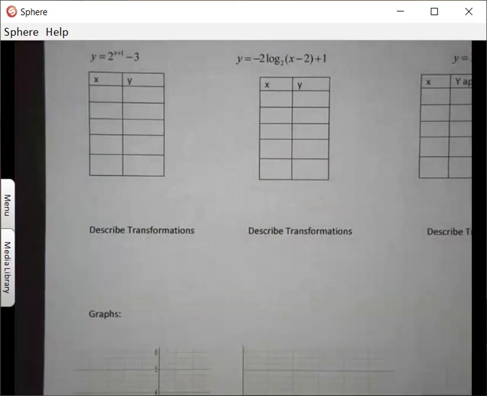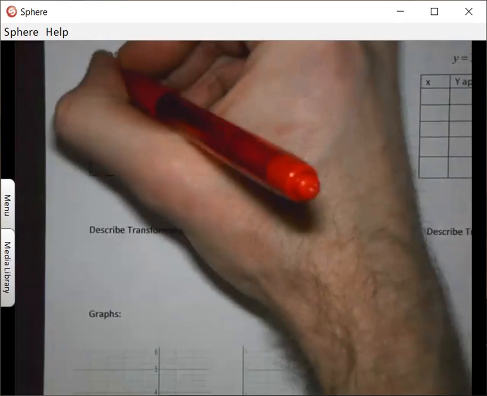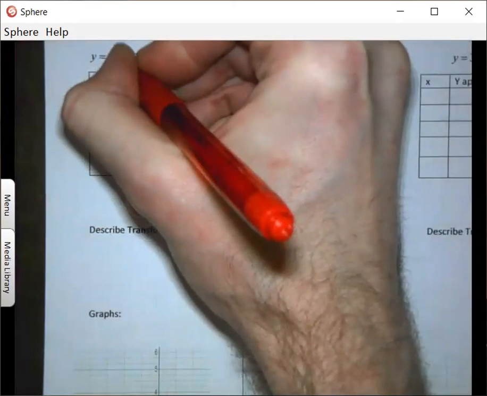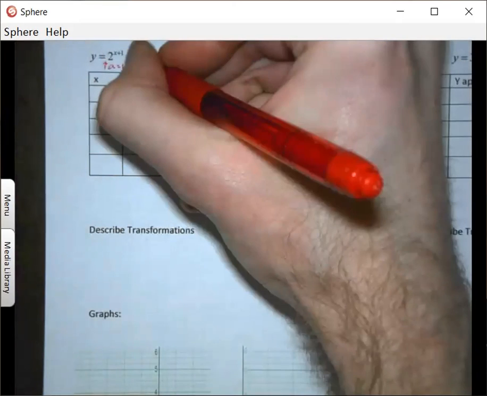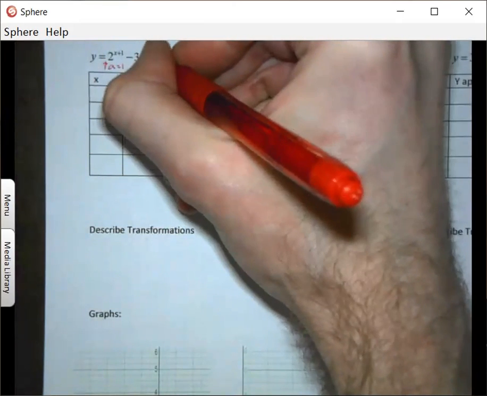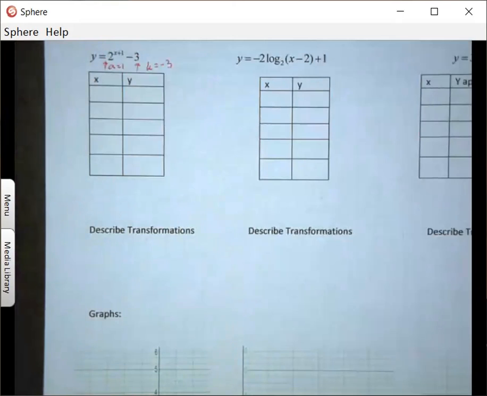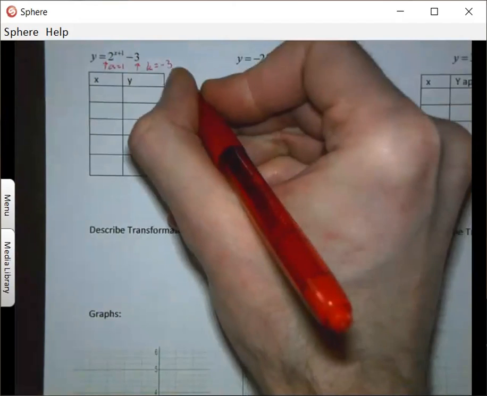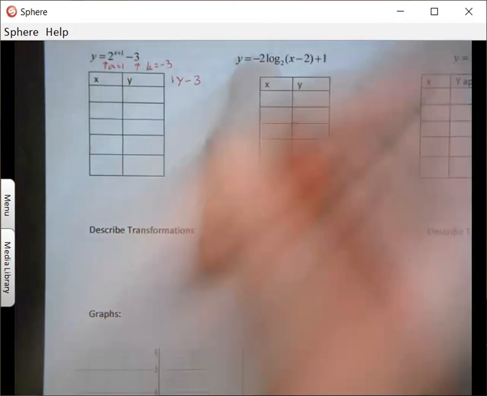Let's go ahead and start with y. So y is our vertical, so that's going to be a and k. In this case, our a is 1, and our k is minus 3. So we can say 1y minus 3.